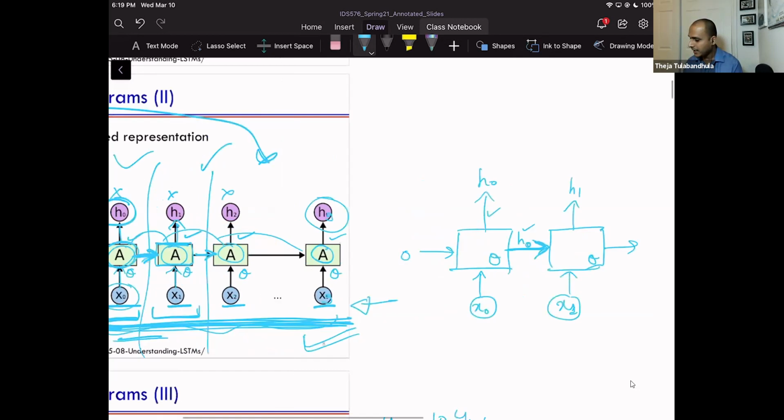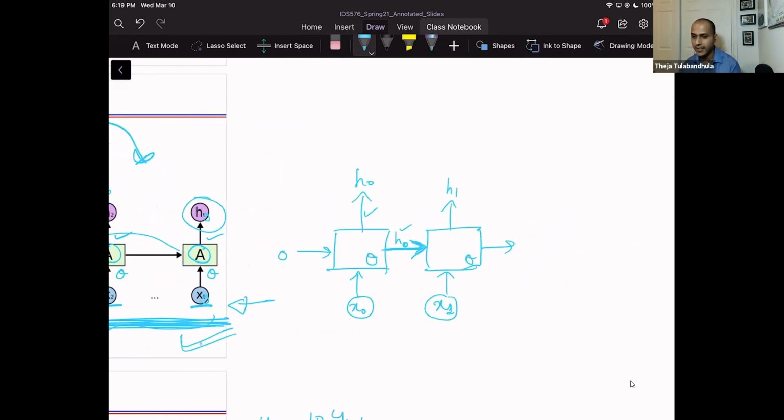If you had a time series, so if you have training data, how does training data look? Let's say I have x0, x1, and x2 as my training data. Let's put one more block here. Let's say my training data is x0, x1, x2, and my prediction is some y.